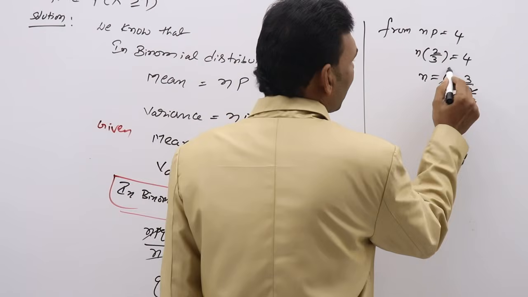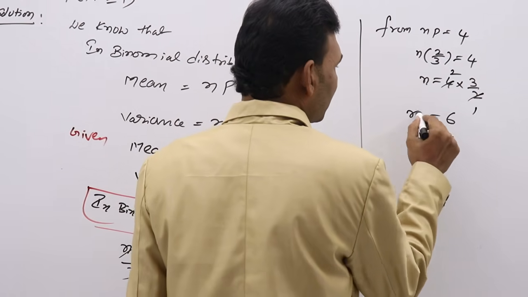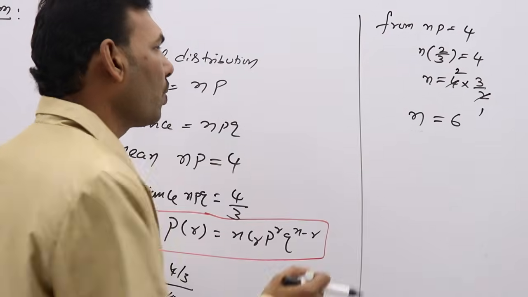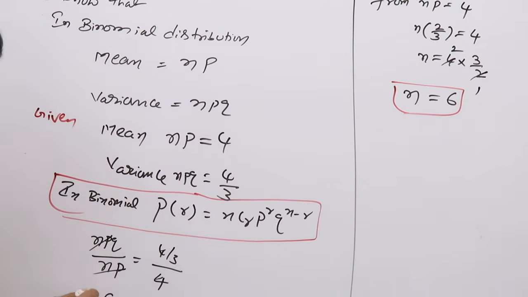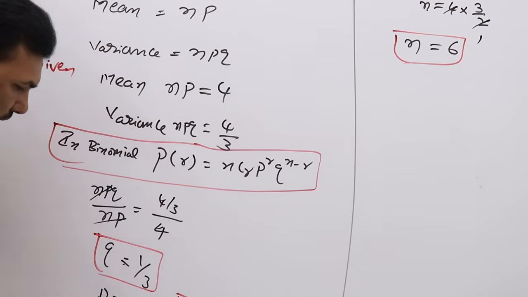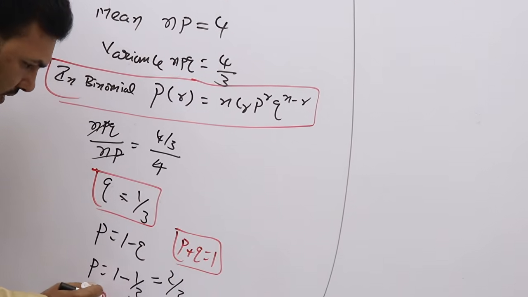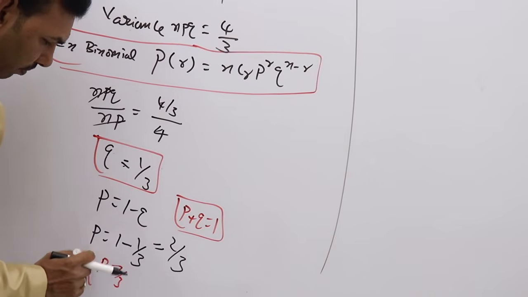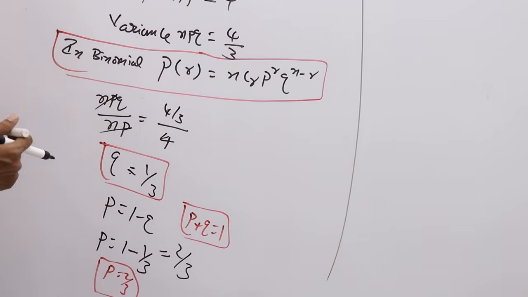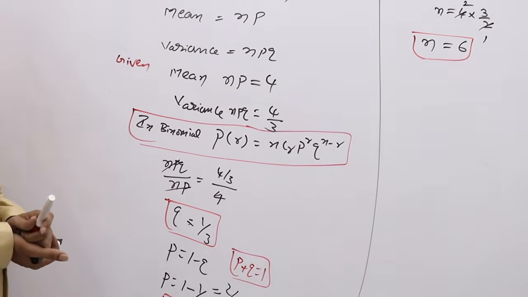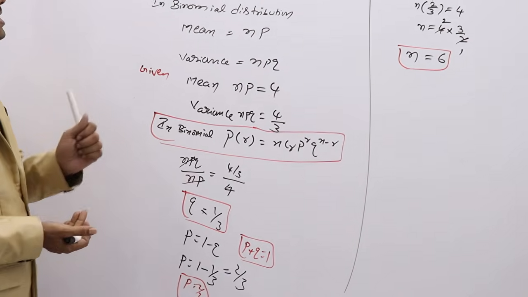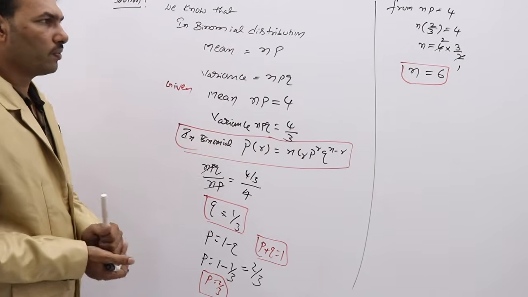So 2 1s are 2, 2 2s are 4, 2 3s are 6. Now we have n value, Q value, and P is 2 by 3. We have n, P, Q values, so we can calculate the probability of x greater than or equal to 1.